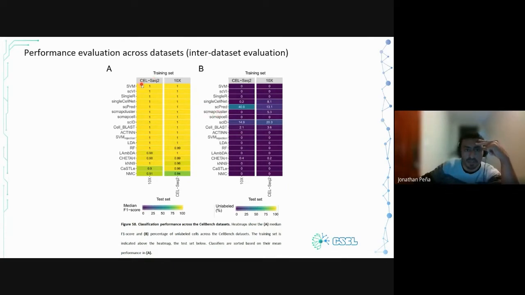So they use a training set for one protocol, and this is the test. They found that in this evaluation, changing the protocol doesn't influence the performance score much.